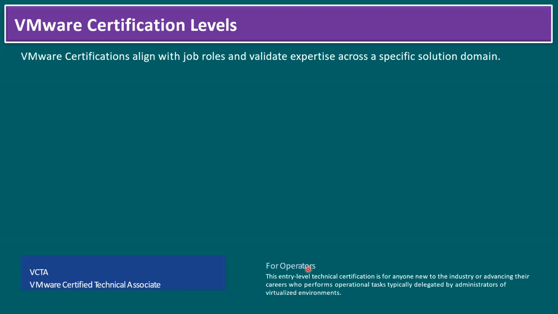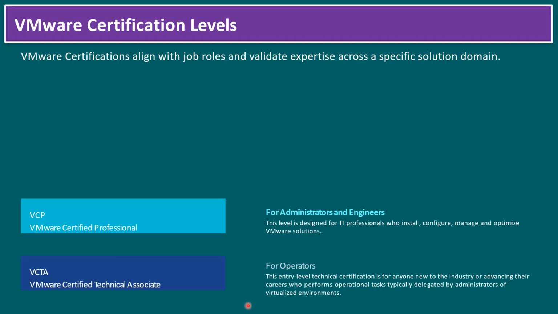It's mainly for operators. Once you have done the VCTA, you are eligible to apply for a VCP, the second level of certification, VMware Certified Professional. It's more suitable for administrators and engineers, with knowledge of install, configure, manage, and optimize of VMware solutions.